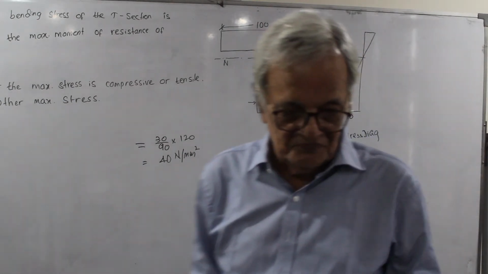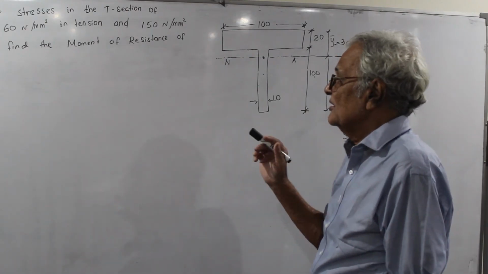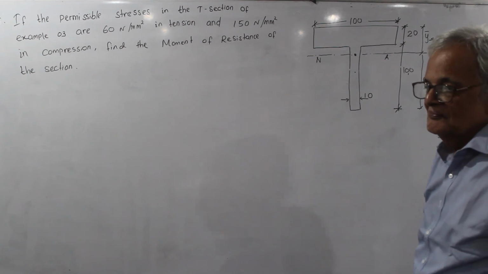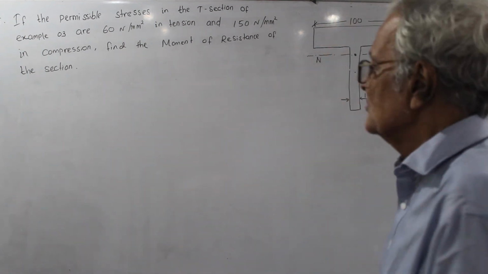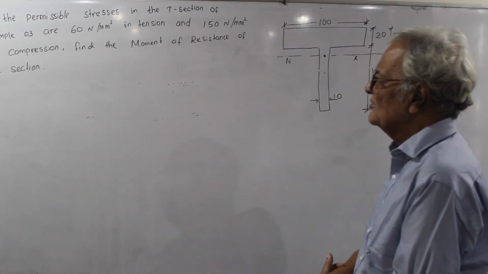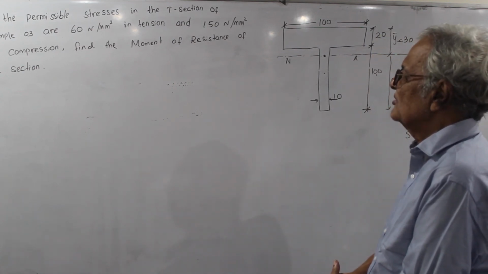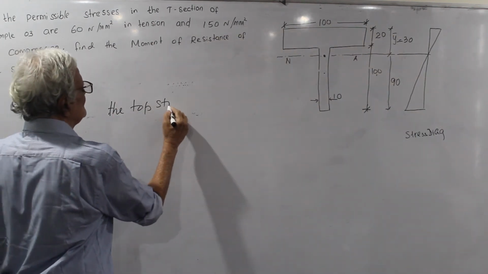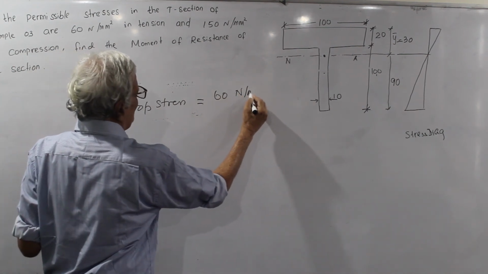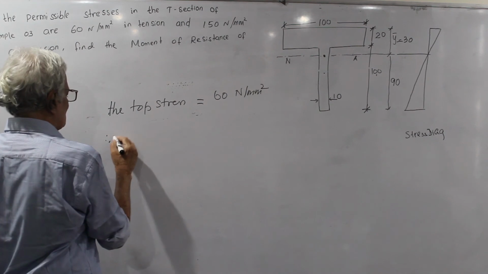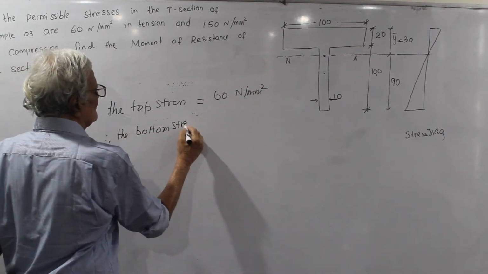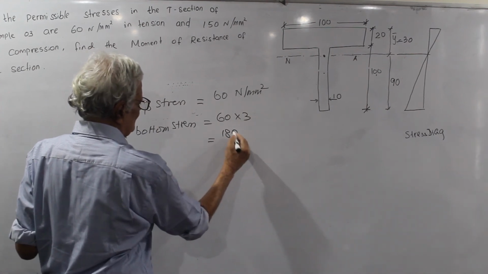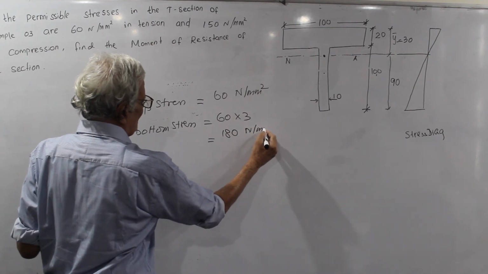Now the next problem. Since the beam is a cantilever beam, the bottom stresses are in compression and the top stresses are in tension. If the effective stress is 60 Newton per millimeter squared in tension, the top stress equals 60 Newton per millimeter squared. Therefore, the bottom stress equals 60 into 3 equals 180 Newton per millimeter squared.